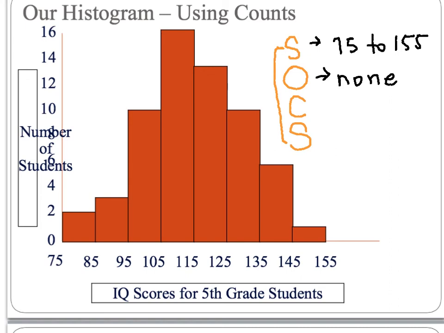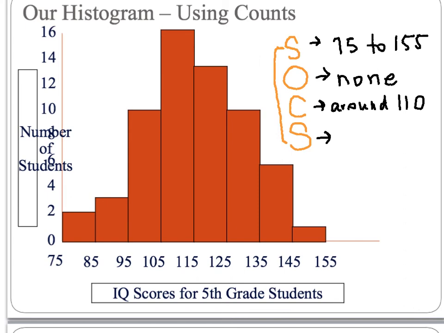When talking about the center, I'm going to say that the center of this distribution is right around in here somewhere within this bar class. So I'm going to say that the center is around 110. And the last one is the shape. Remember, the shape can be skewed right or left.